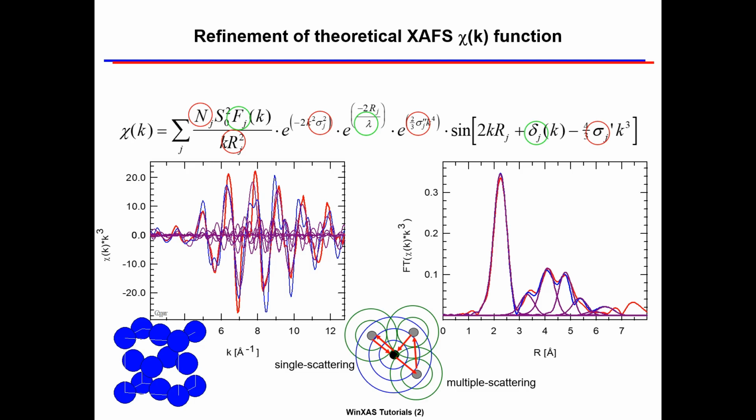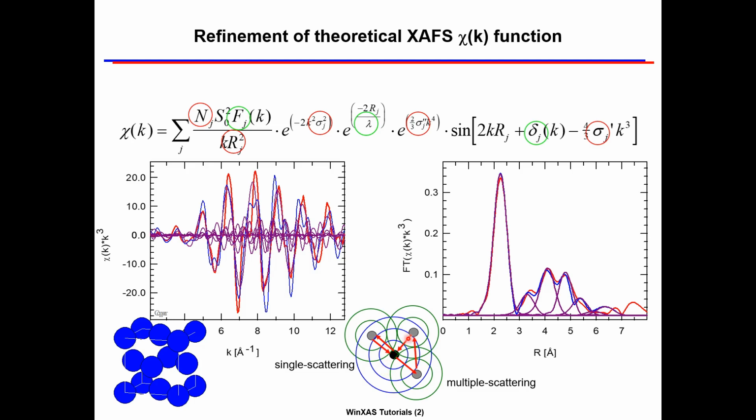Including higher shells in EXAFS simulation and refinement quickly increases the number of scattering paths required to describe the experimental spectrum. Not only single scattering paths where the photoelectron is scattered directly back to the absorber, but also multiple scattering paths need to be considered.